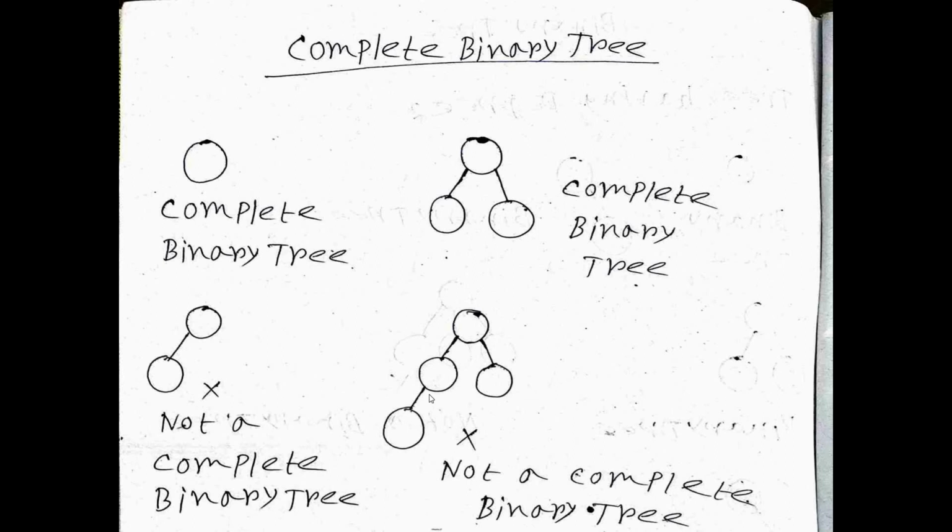But here how many children are there? 1. This is another way. There are lots of definitions, lots of ways to say it is a complete binary tree. Yes, up to this it is a complete binary tree, no doubt.